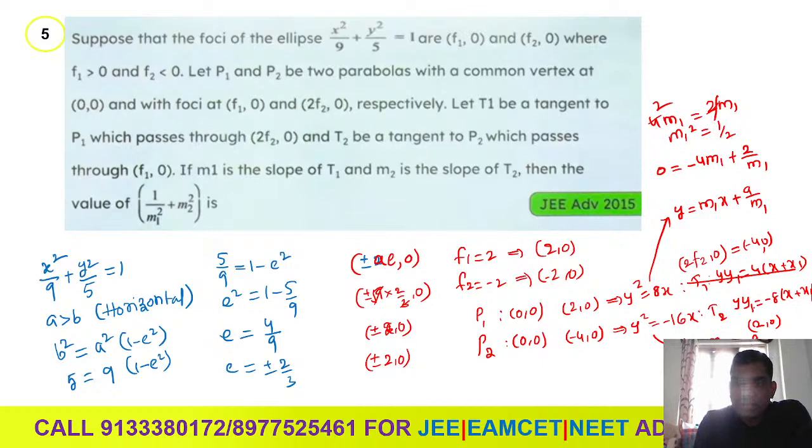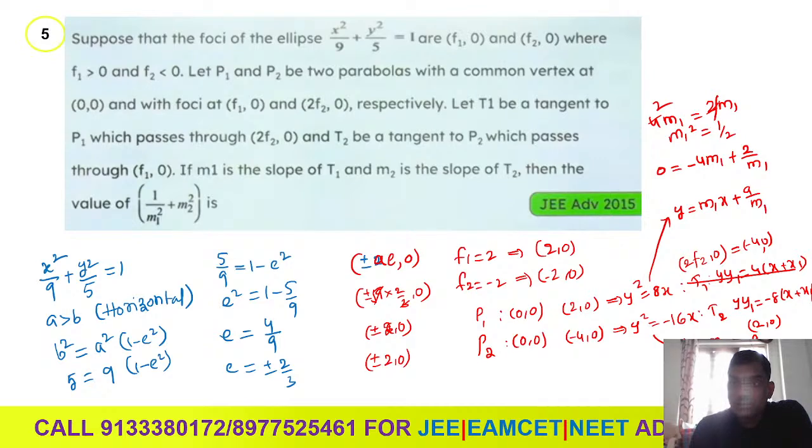Here y equals m2x plus a by m2, where a value is minus 4, and it is passing through 2 comma 0. Then 0 equals 2m2 minus 4 by m2. So we are getting m2 square equals 2.